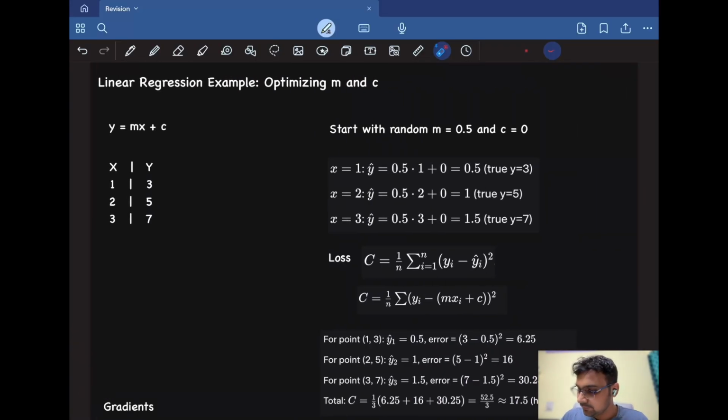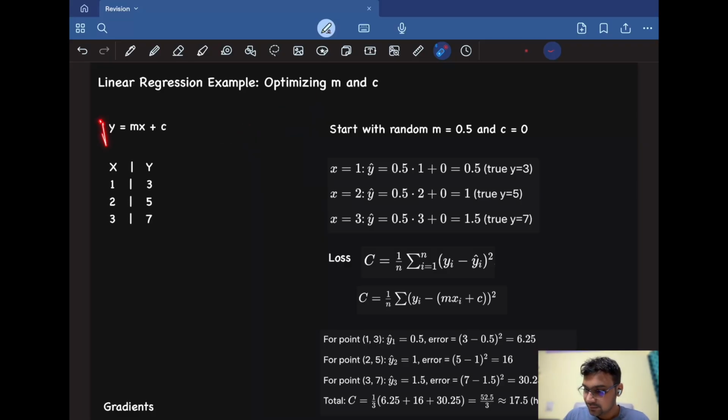So I have taken this example. This is a beginner initial example. Let's say we have this equation y = mx + c, similar to our equation w a + b, which is the value of z.